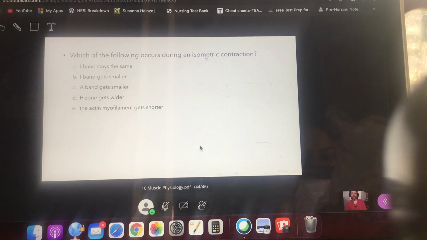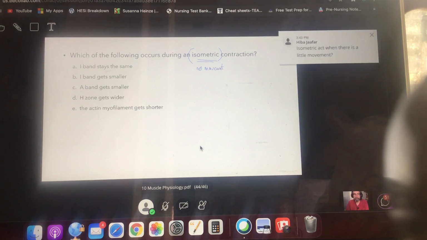So which of these occurs during an isometric contraction? Remember, what we want you to notice when you look at a question like this on the exam or on a homework is to focus on what you know about this. This is kind of sustained contraction, no movement.